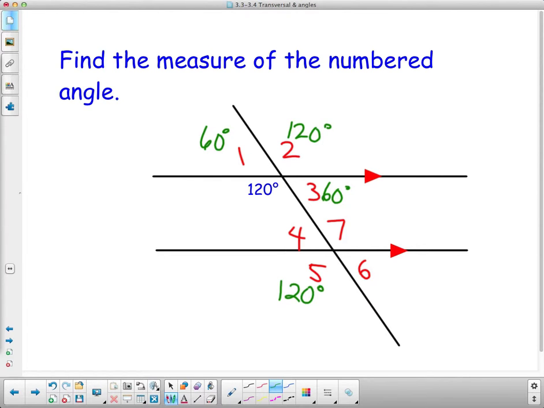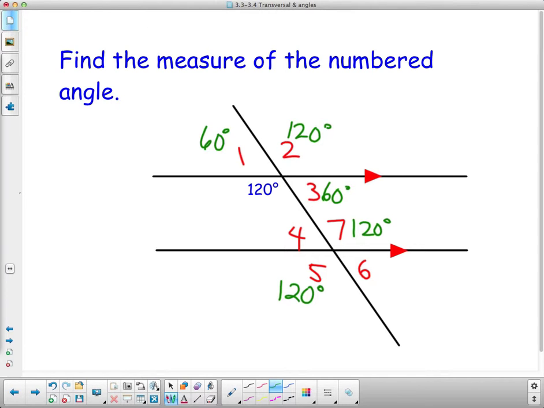No, I was just pointing out what reason, so that they knew that these were the corresponding ones you're looking at. Could you have said alternate exterior angle theorem? Yes, you could have. Okay, Colton, 7 is 120 because? Vertical. Okay, vertical. He could have also said same side interior angles theorem.